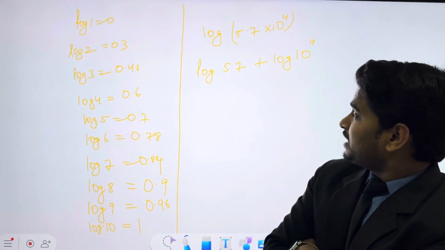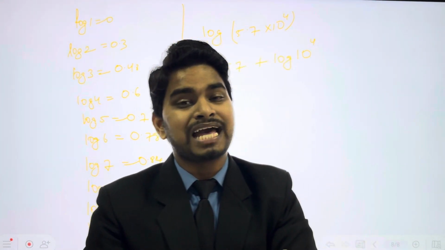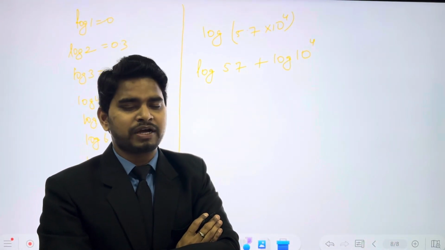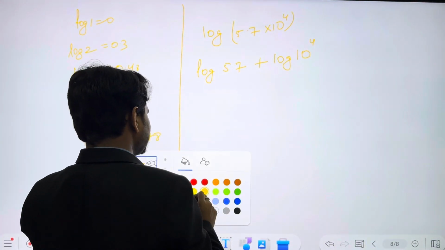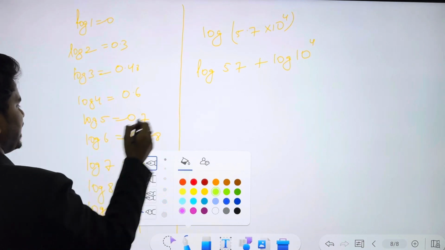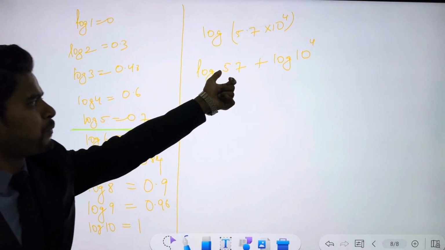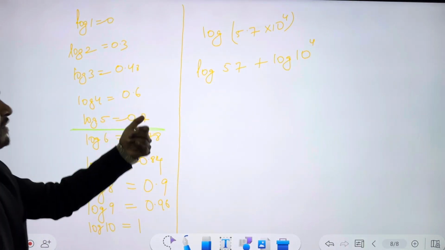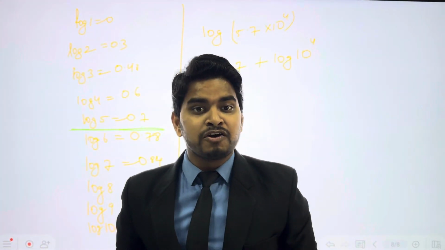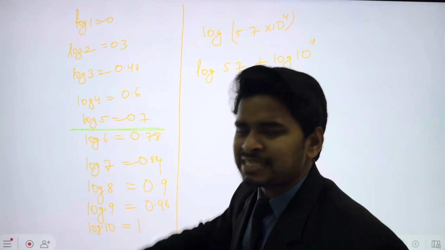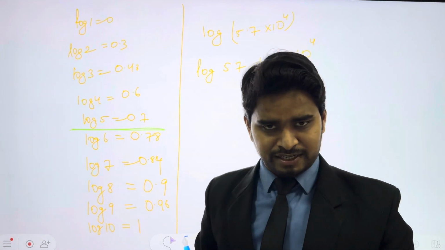Sir, how do you find the log value of 5.7? We know 5, we know 6. So guys, here comes approximation. You don't know the value of log 5.7, so you approximate. 5.7 lies between 5 and 6, isn't it? So the value will lie between 0.7 and 0.78. 5.7 is near 6, so the value will be near 0.78.